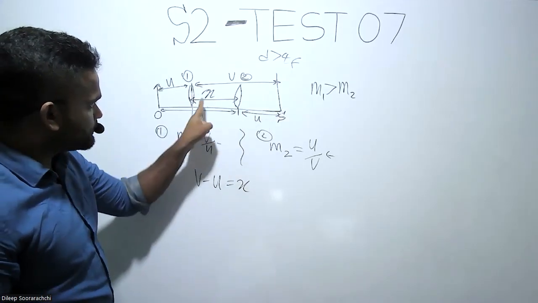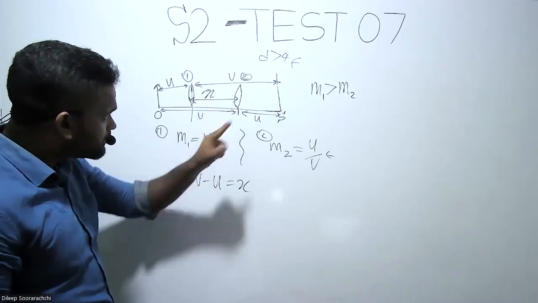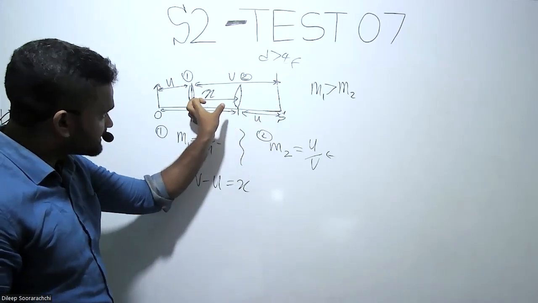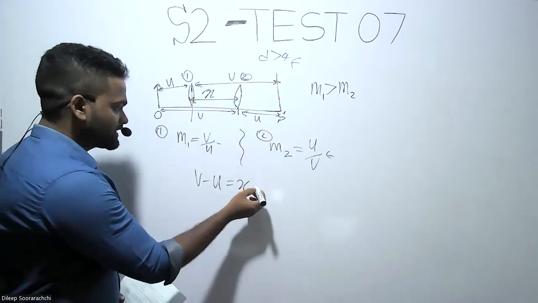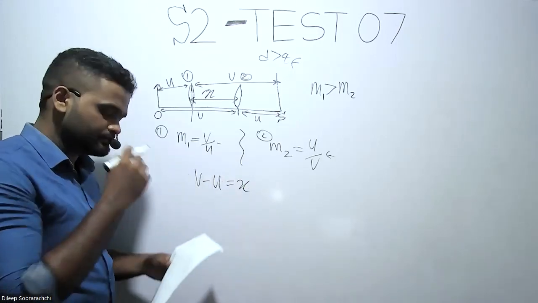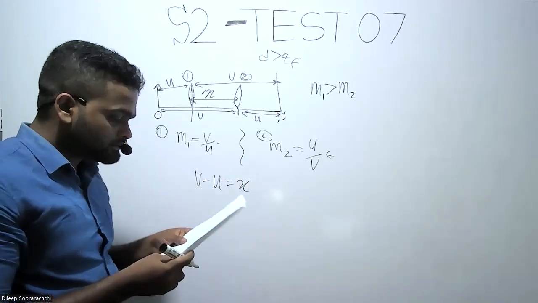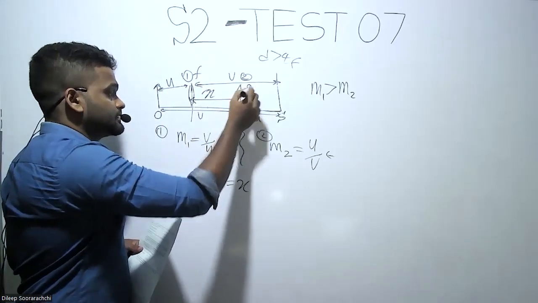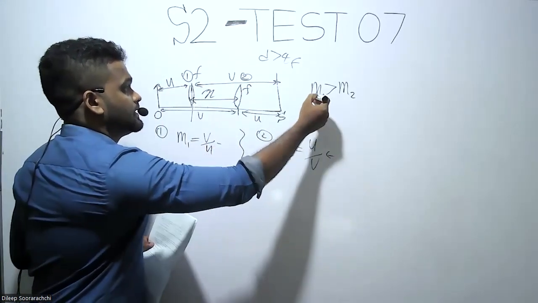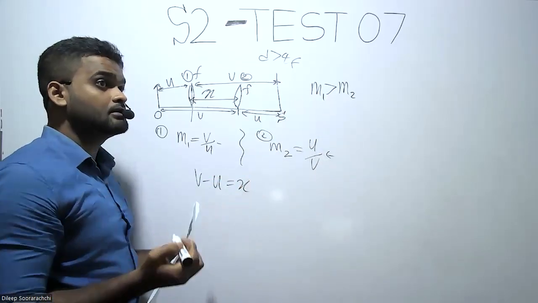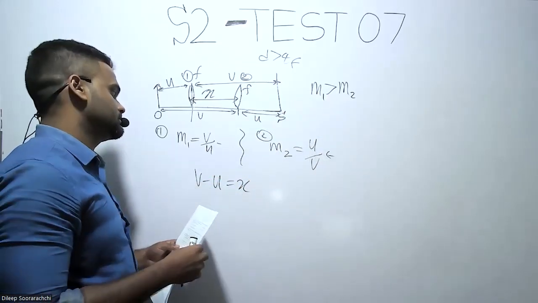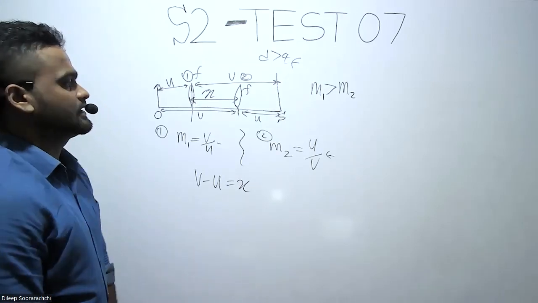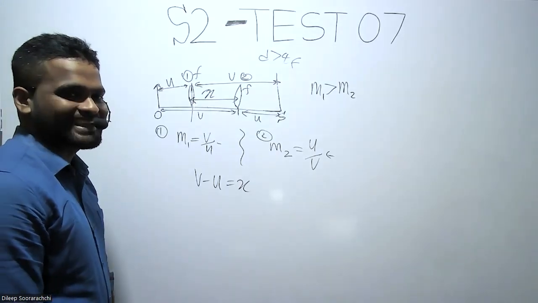This distance, v minus u, is x. So we got a third combination between these. Here we need to find the focal length of the lens in terms of m1, m2 and x. Right. What can we do?